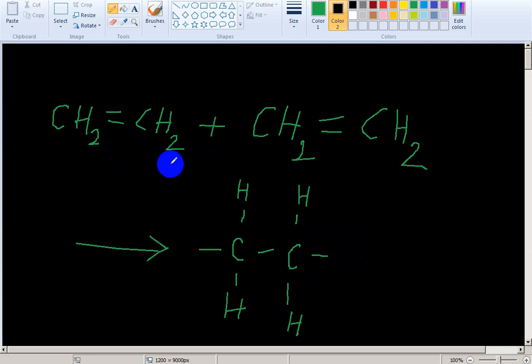Okay, this is one ethene when it becomes a polymer this way, and this is another ethene when it forms a polymer this way.